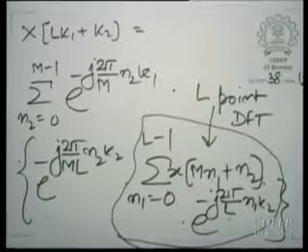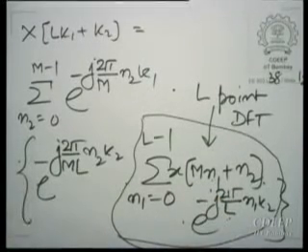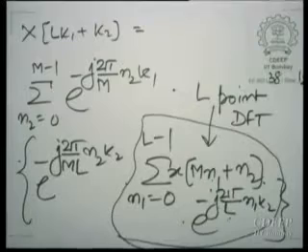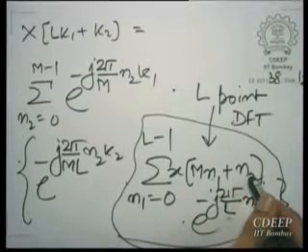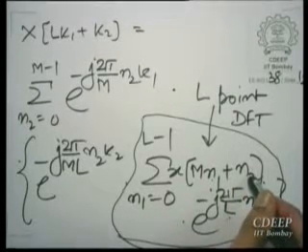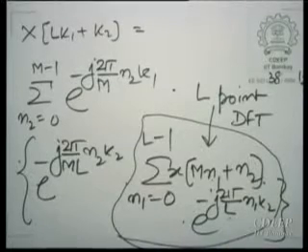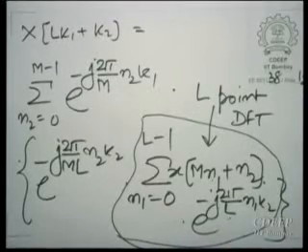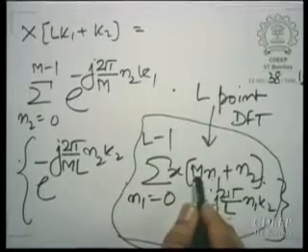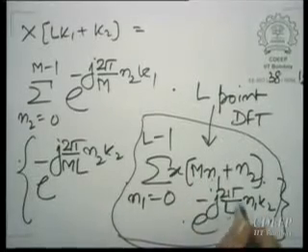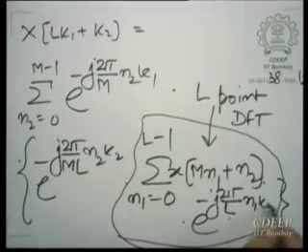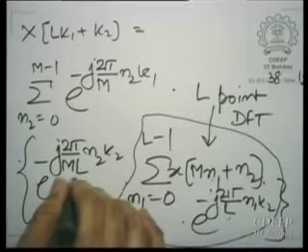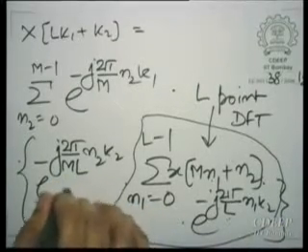Now liken it to the case of decimation in time. There what you did was to decimate in time. There you had chosen m equal to 2. So essentially you had two discrete Fourier transforms of size N by 2, and they were of course indexed by their respective frequency indices, and then this is what you did to carry out additional computation.